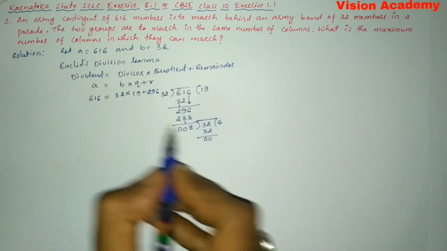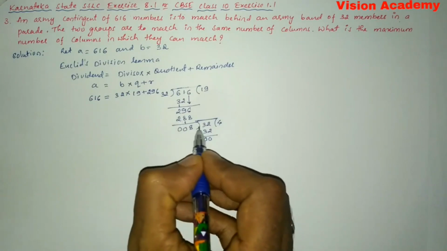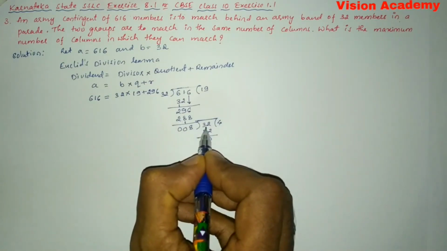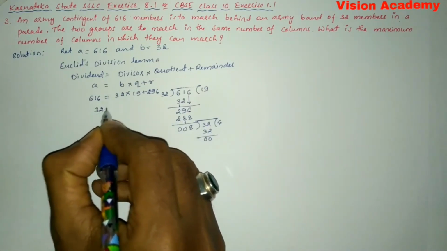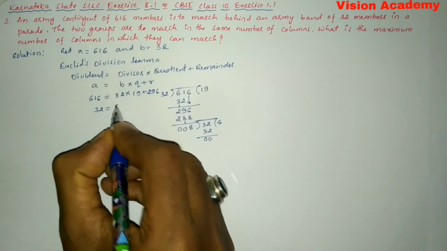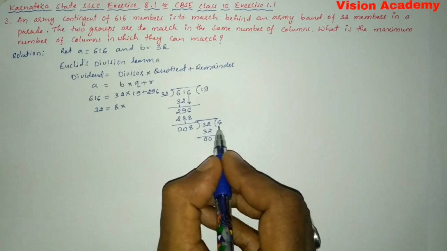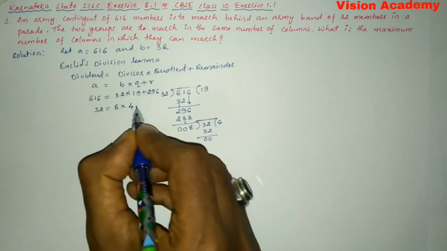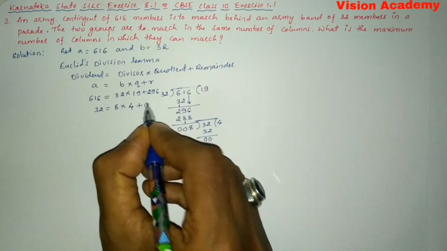Now we'll go for the second step. Here in the second step, the dividend was 32 is equal to the next divisor 8 into the next quotient 4 plus remainder 0.